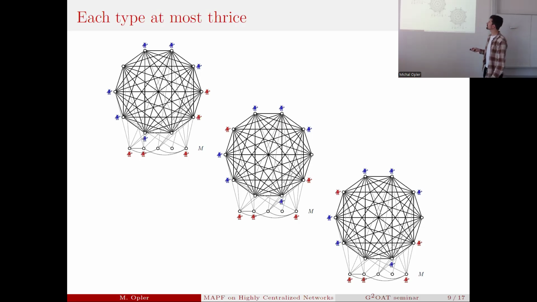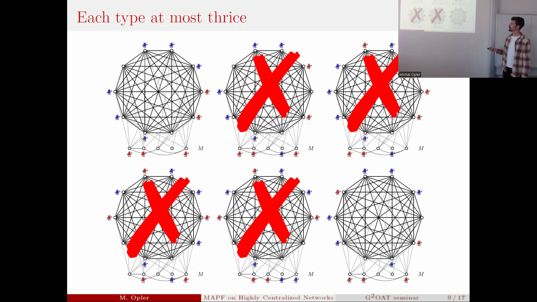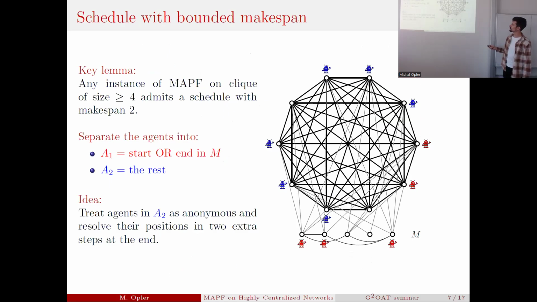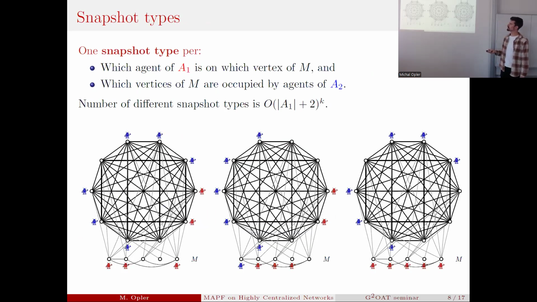So in this way, each snapshot appears at most 3 times, and we get that we can, in fact, find a schedule of bounded makespan for this variant where the agents in A2 are anonymous, and then we can add 2 extra steps for reconfiguring, making them non-anonymous again, reaching their destinations. So that means that if there is a solution, there is a solution of small makespan.